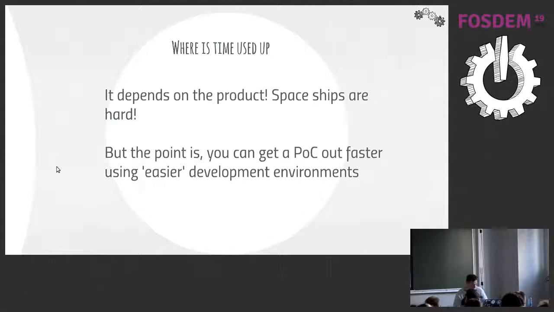Yes, products are hard, but getting a proof of concept out fast is important, because if you've got a product portfolio where every 6 months you bring a new product out, then you have to think, if I'm going to spend 2 months getting the hardware ready, then it's 2 months' time you've lost, and everyone else is doing it fast. So you have to just up your game and try and reduce the time. Things that you don't need to do, you shouldn't be doing.